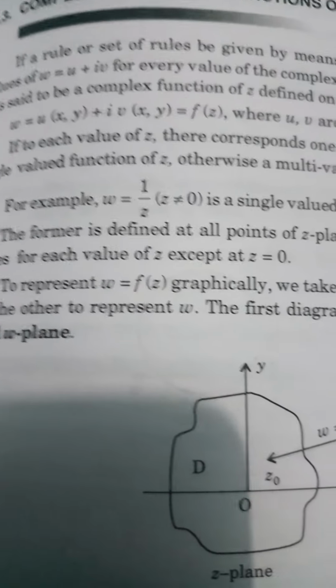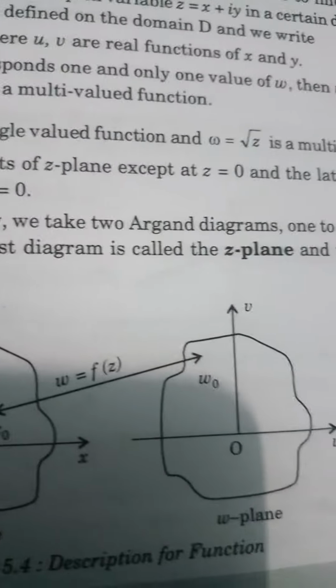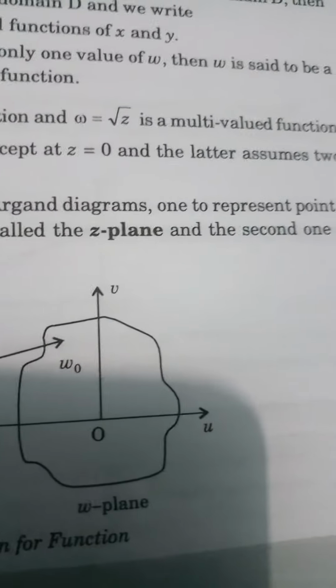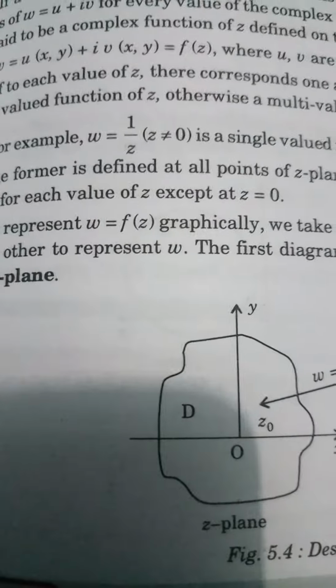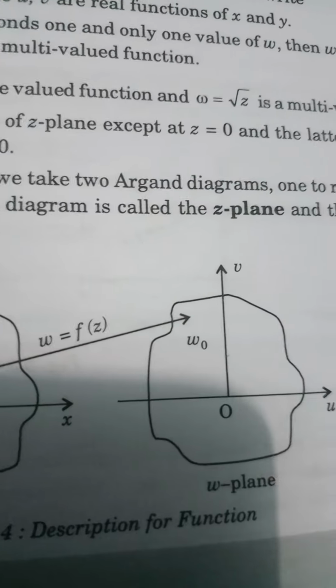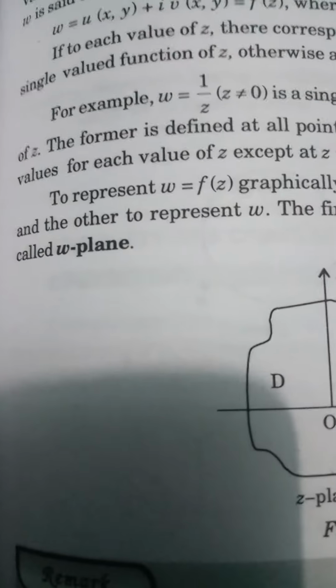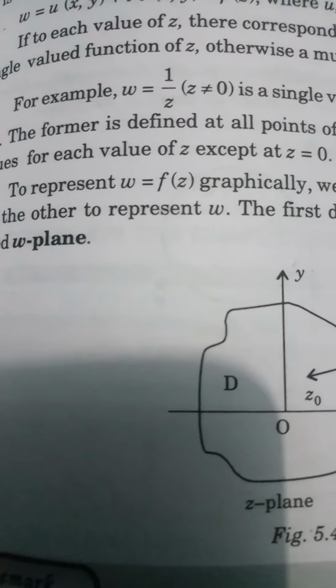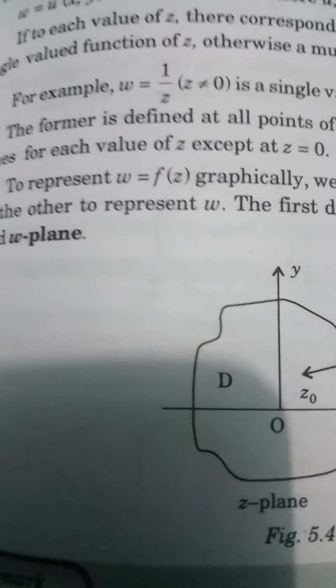For example, w equal to 1 by z, z not equal to 0, is a single valued function, and w equal to square root of z is a multi-valued function of z. The former is defined at all points of the z plane except at z equal to 0, and the latter assumes two values for each value of z except at z equal to 0.